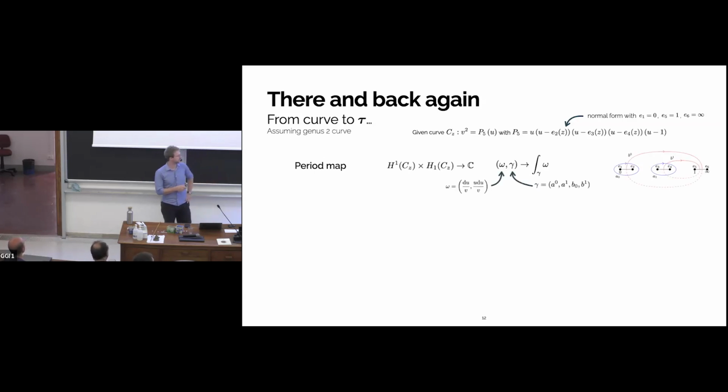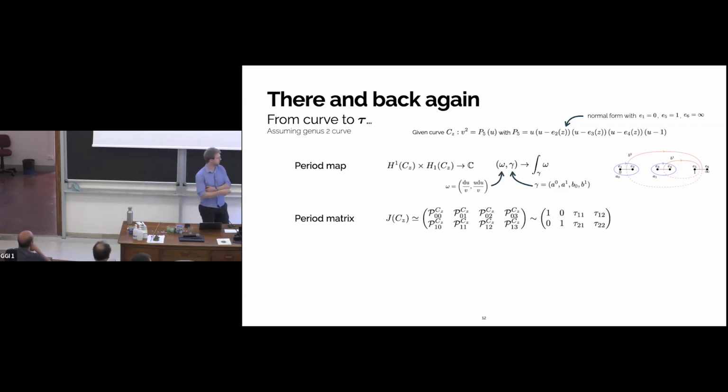And for example, especially for a genus 2 curve, you have a basis of holomorphic forms, which is just du over v, where v is just the square root of this polynomial here, and u du over v. And then based on these roots of the curve, you can define some A and B cycles, which have nice intersections, so they're kind of orthogonal. So these are symplectic bases of contours, and this allows you to get a symplectic basis for your periods.